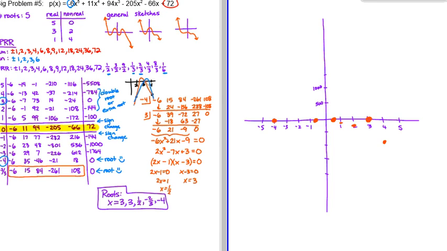We have 0, comma, 72. We have negative 1, comma, negative 144. We have negative 2, comma, negative 1,000. Negative 3, comma, negative 1764. Negative 4, 0. And that's about it.